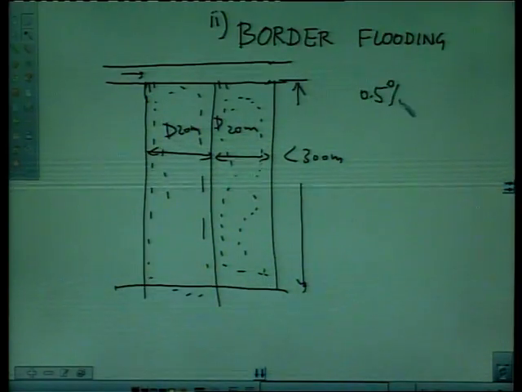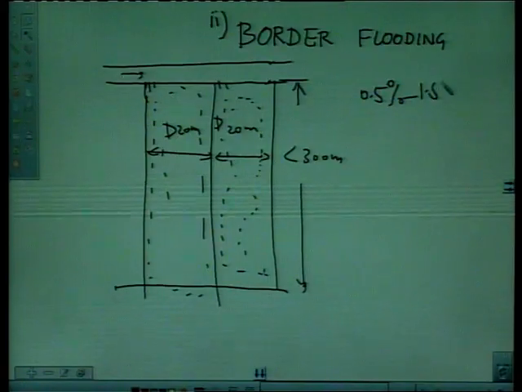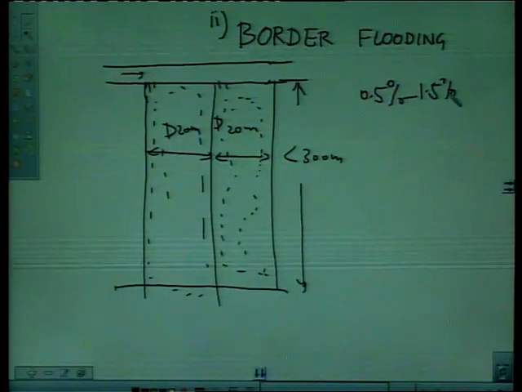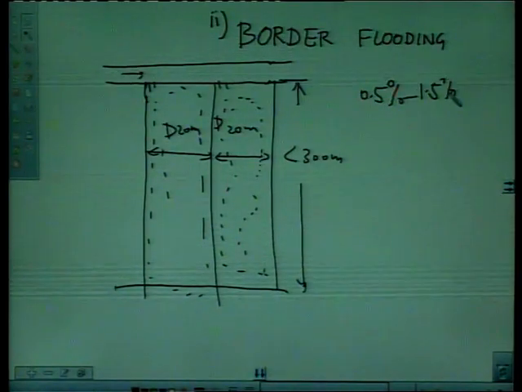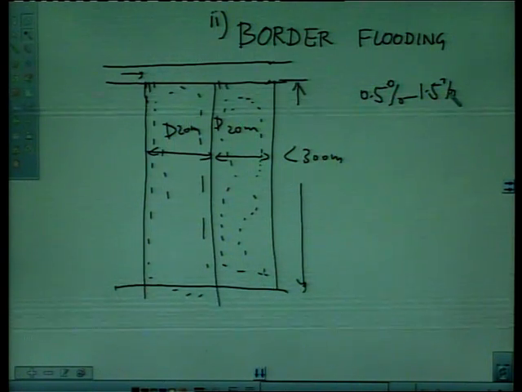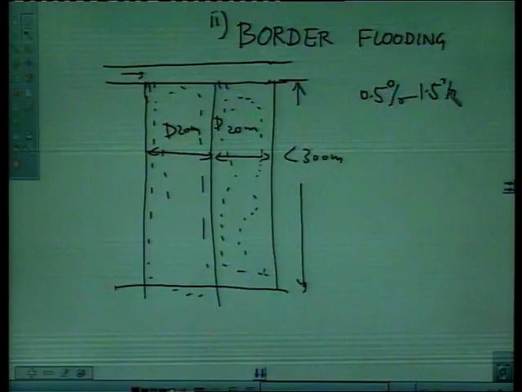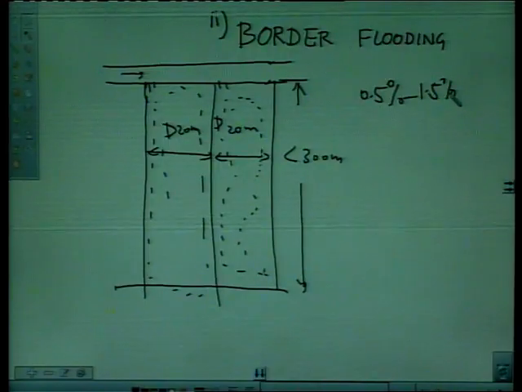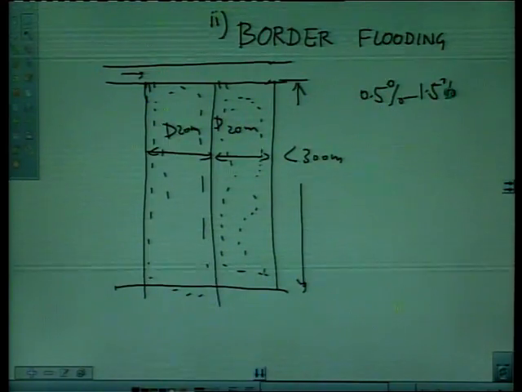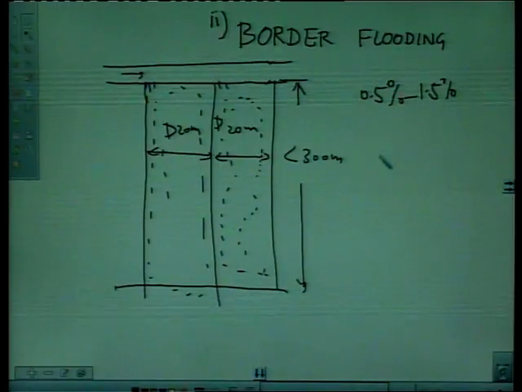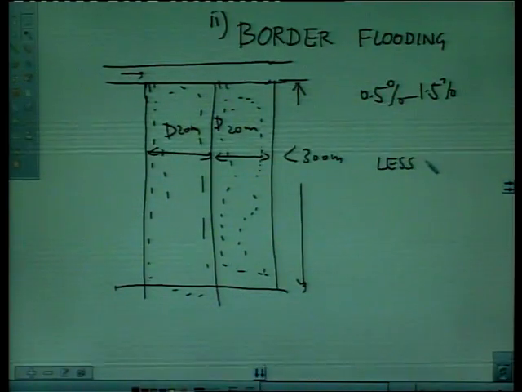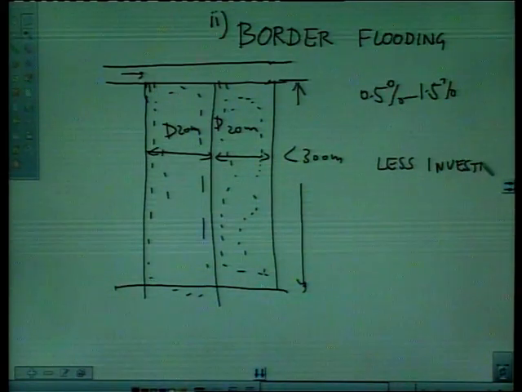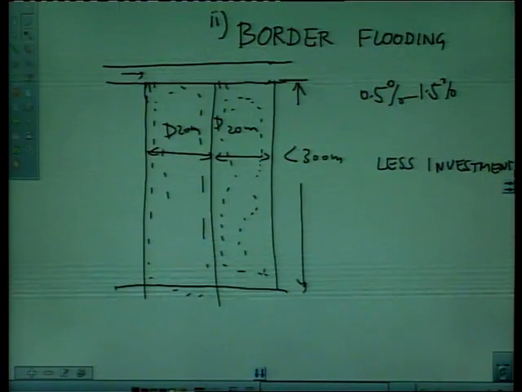So, we can give a small slope, 0.5 to 1.5%, that means after 100 feet it is 1.5, a very small slope. This method is especially used for forage crops. Its advantage is relatively low investment. As our country is poor, less investment is needed. So, you can have this type of irrigation system, very good.